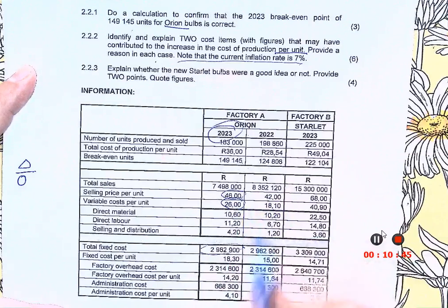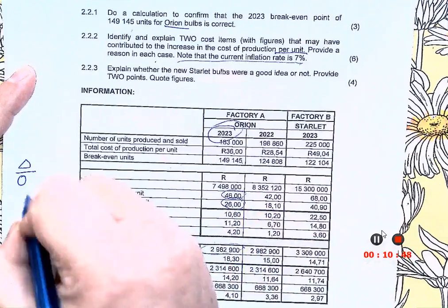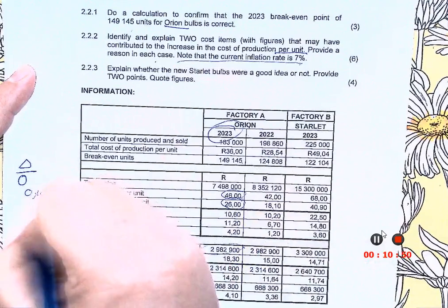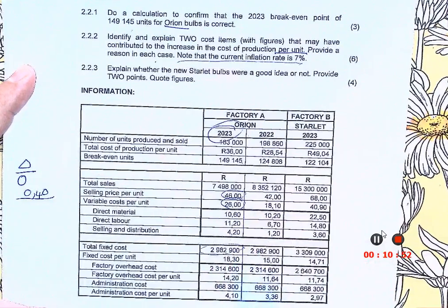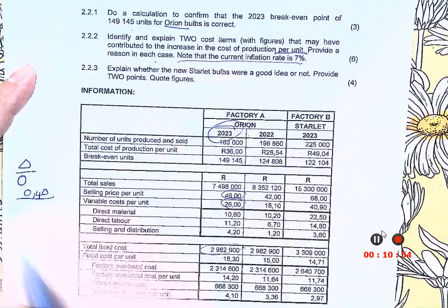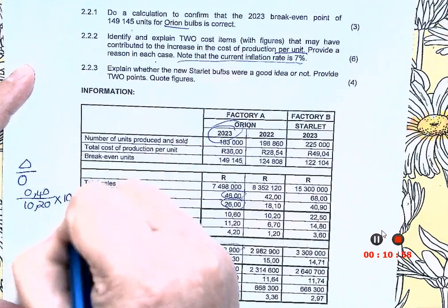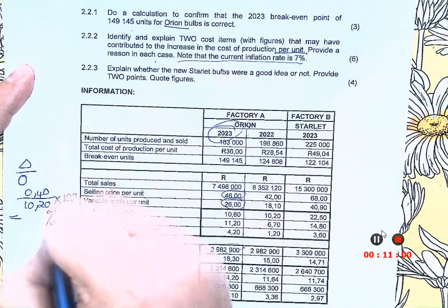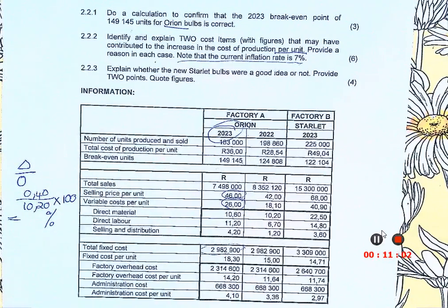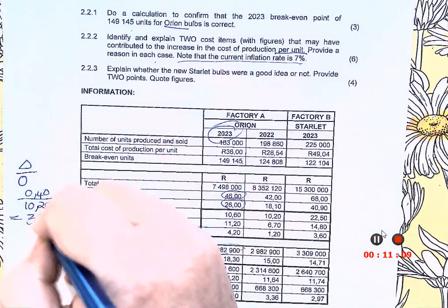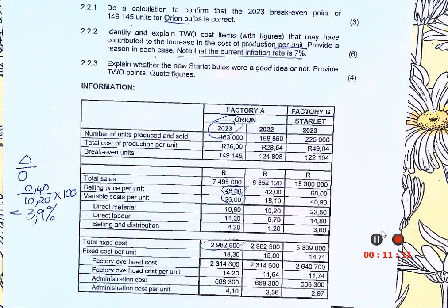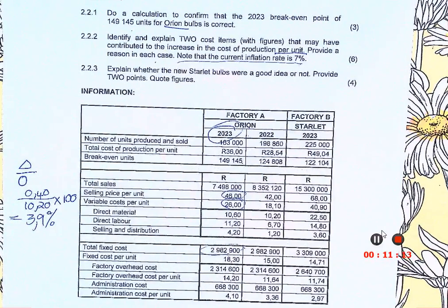So what is the difference, it's 40 cents, 0.40, over the original? What was the original? 1020 times 100. So what percentage did the direct material change? 3.9. Can you see it's less than inflation? Is it a problem? No. So you're not going to quote that one.